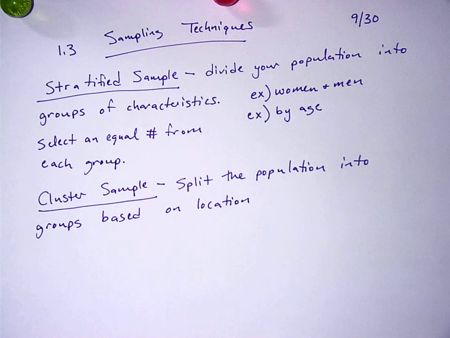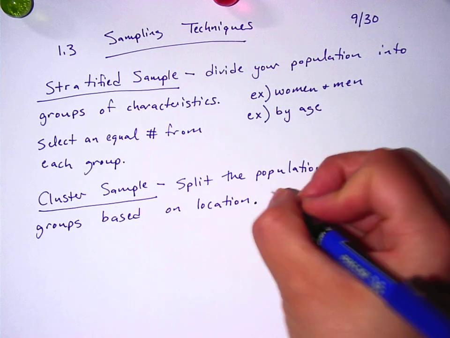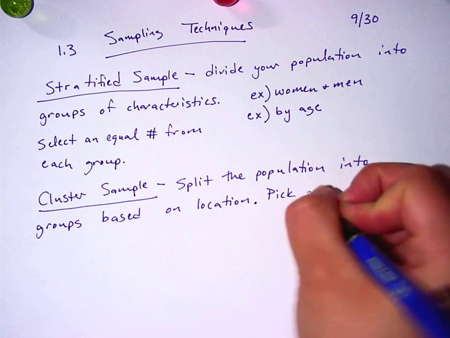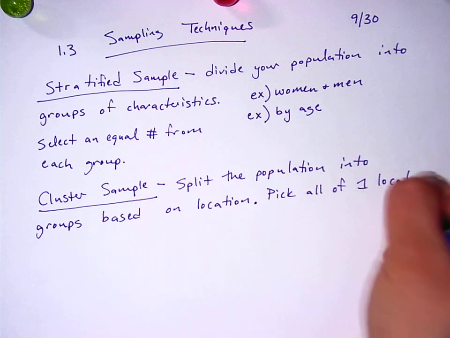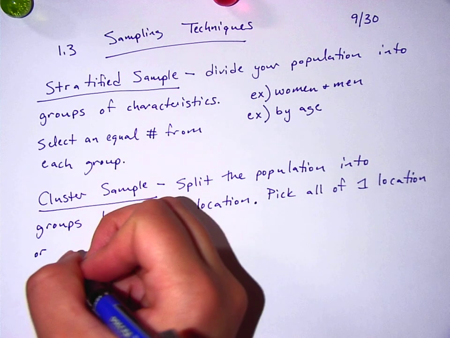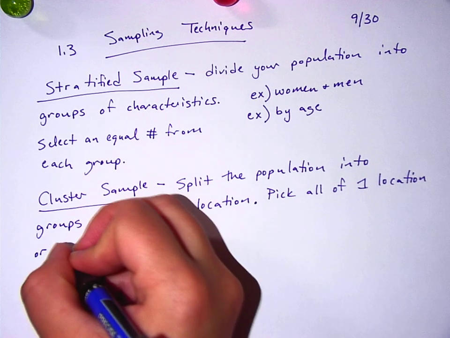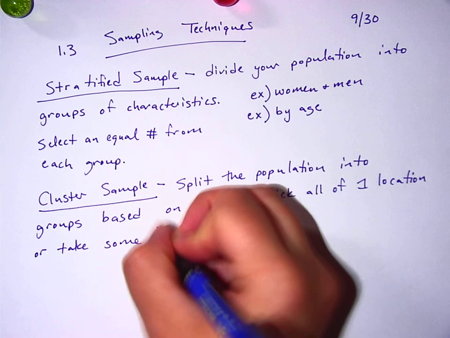And then what you do is you pick, you can do one of two things. You can either pick all of one location, or you can take some from each location.